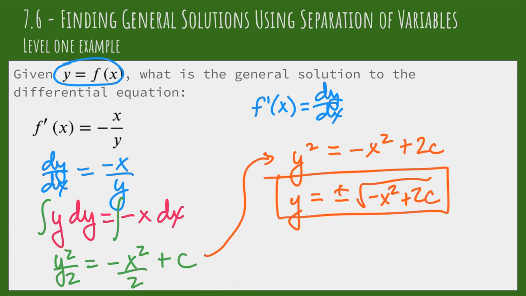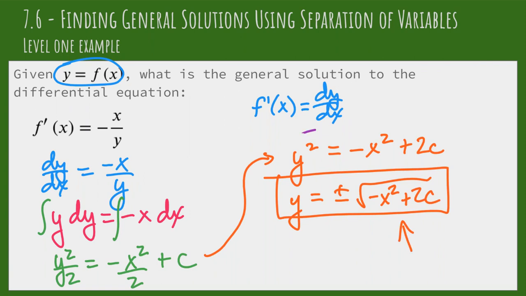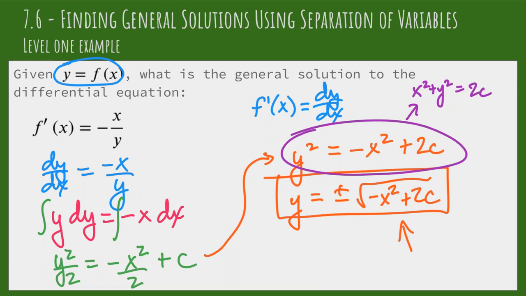Now, I do want to point out that in this form, it's not as easy to see. But if I rewrite this form a slightly different way by adding x squared to both sides, this is x squared plus y squared equals 2, not x, but 2c. And that you may recognize as the equation of a circle that's centered at 0, 0.